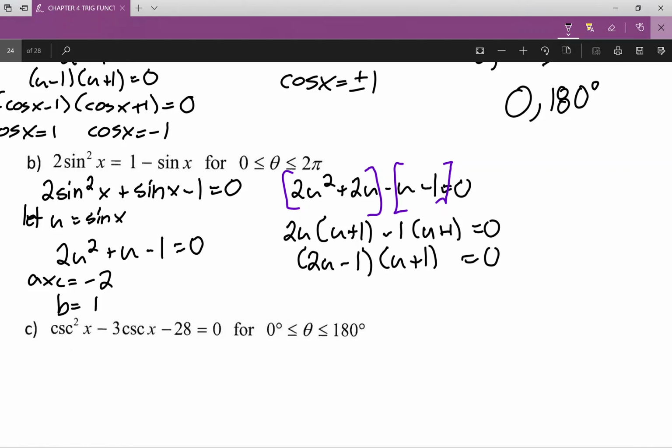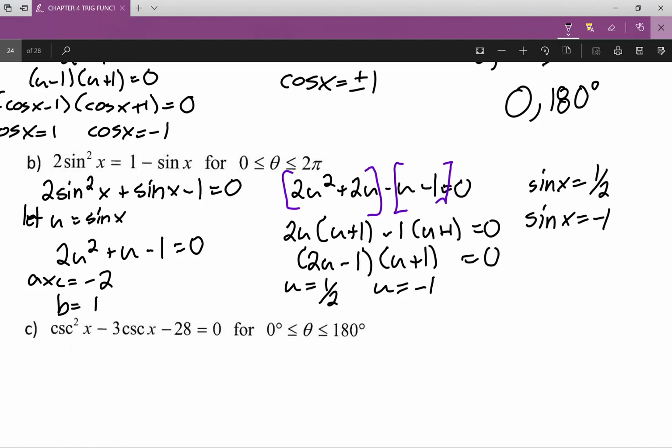So this tells me that u has to either equal 1 over 2 or u has to equal negative 1. But we know that u is equal to sine x, so I get sine x equals 1 over 2 and sine x equals negative 1.